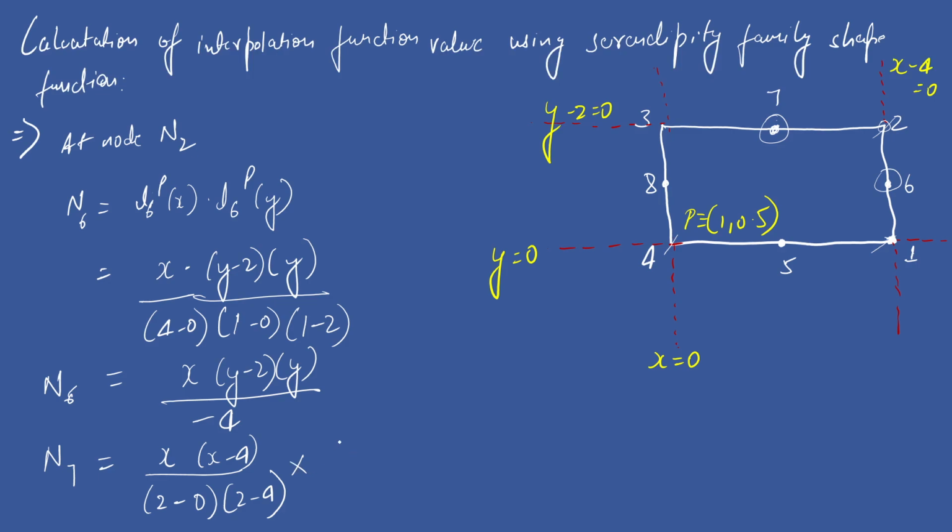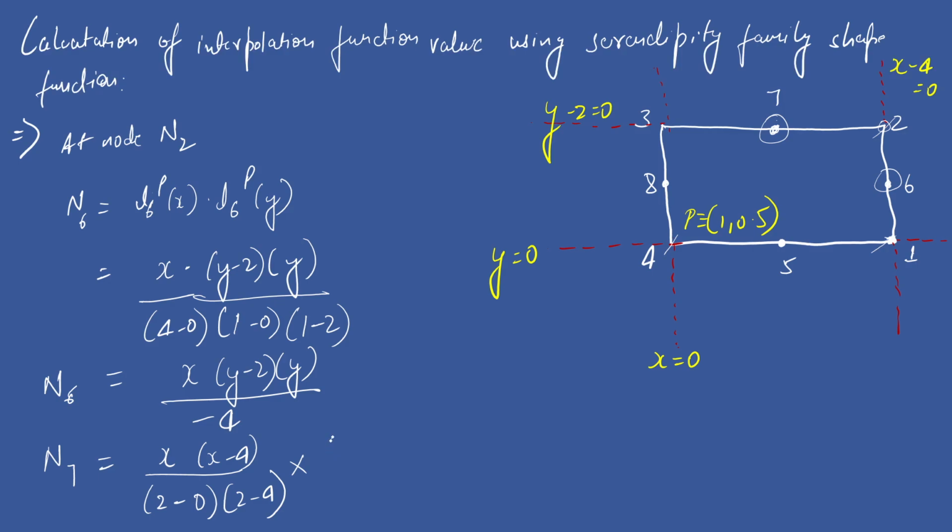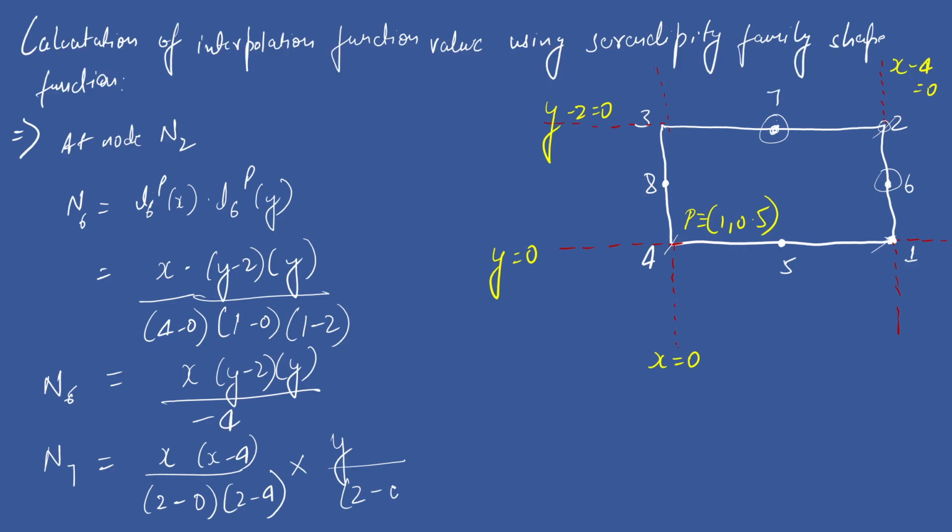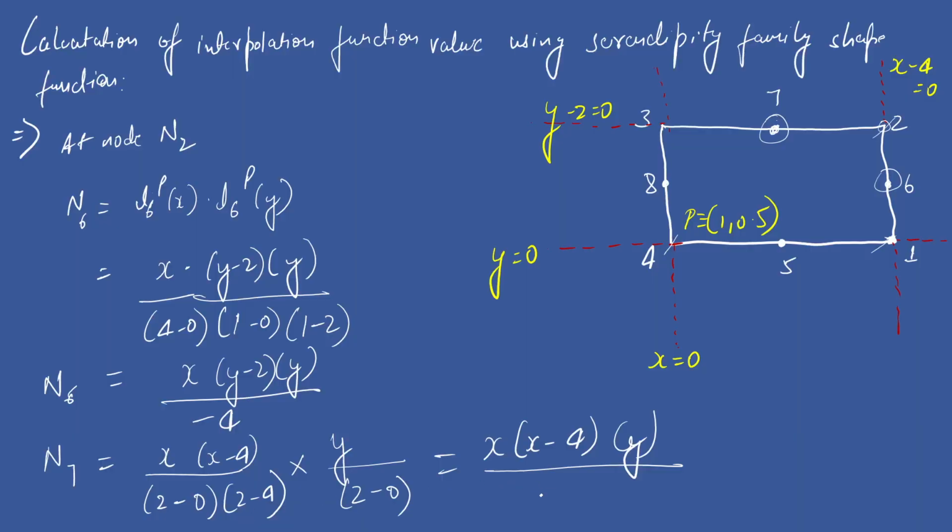Accordingly for L7 Py, you will be having only one function available with you, that is y. Then 2 minus 0. So the final answer here is x minus 4 into y minus 2 over minus 4 times 2 minus 8. Yeah, so that will be your N6 and N7.